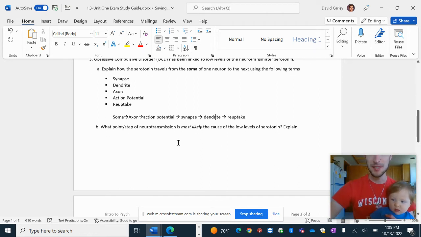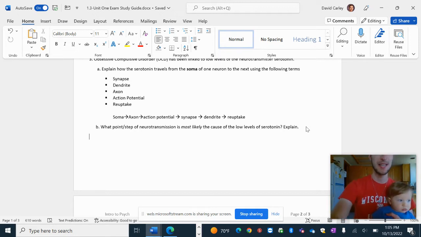So what point or step is most likely to cause low levels of serotonin? If you remember, I said that the commonly prescribed OCD and antidepressant medication is an SSRI, or selective serotonin reuptake inhibitor, that stops reuptake from happening. Reuptake isn't the answer, but the reason you stop reuptake is because there hasn't been enough serotonin that has traveled across the synaptic gap.